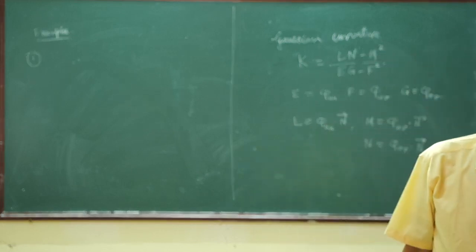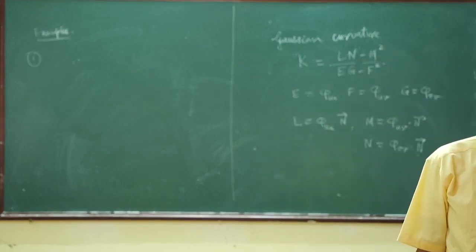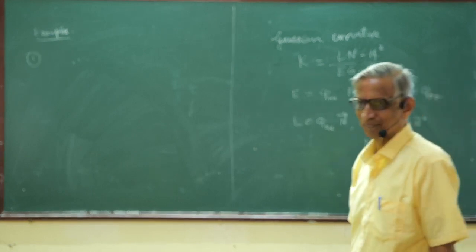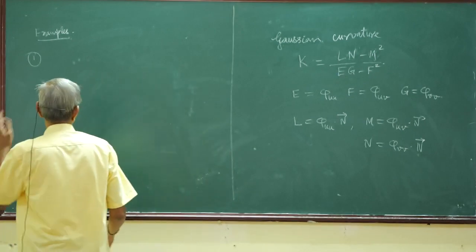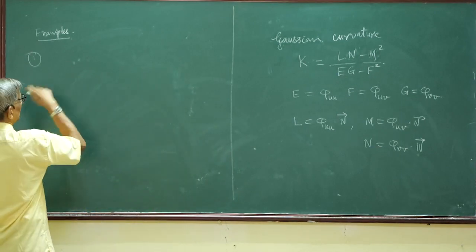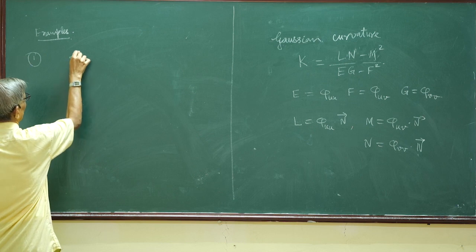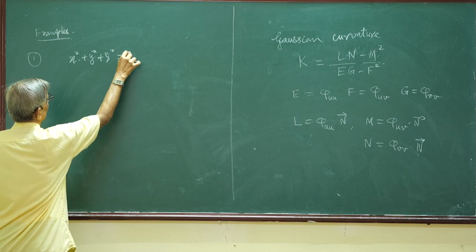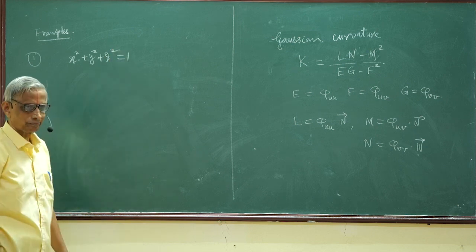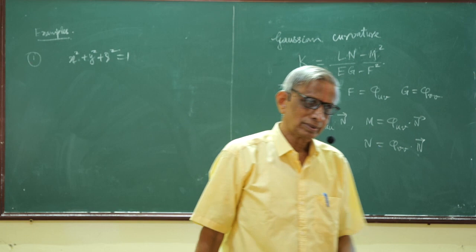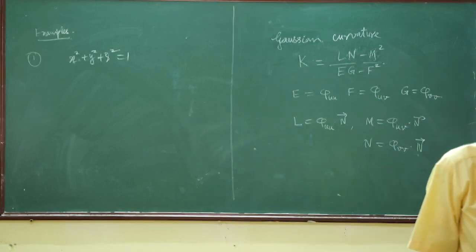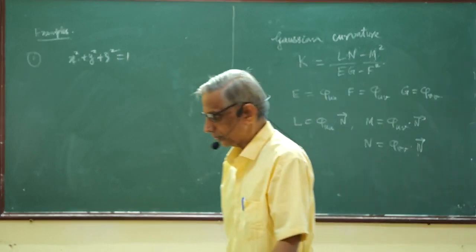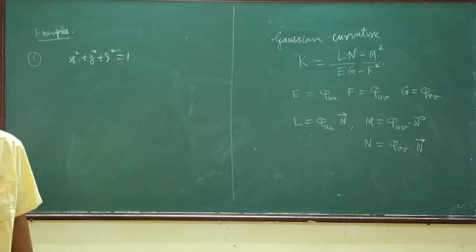Take the sphere or even the plane. Can you write a plane as a parametric surface? Take the sphere. So how do you get the parameterization of the sphere? Use the spherical coordinates, right?